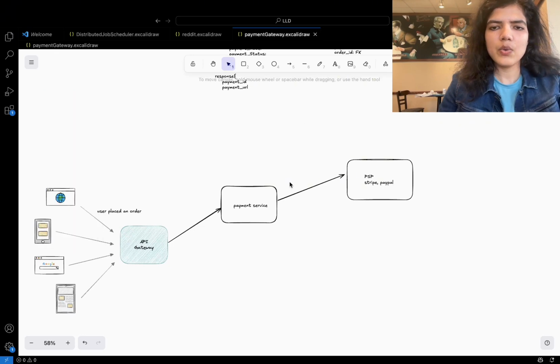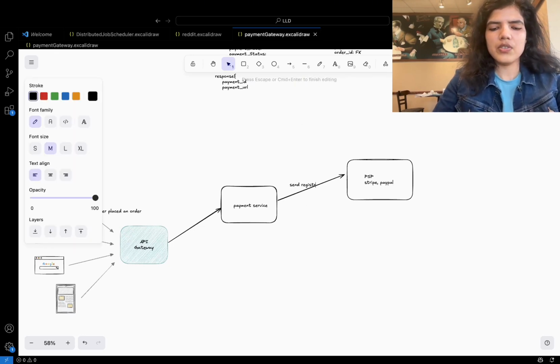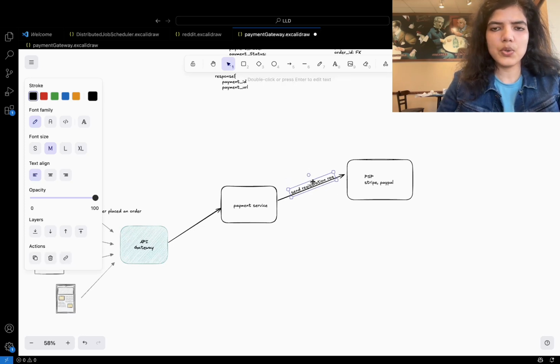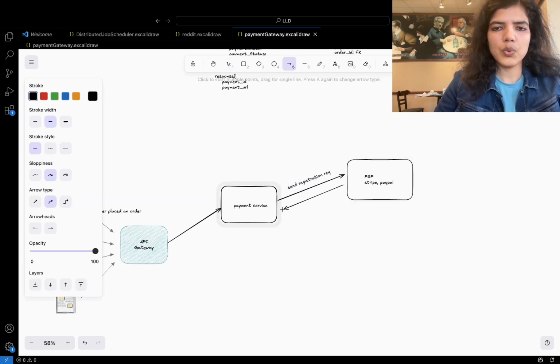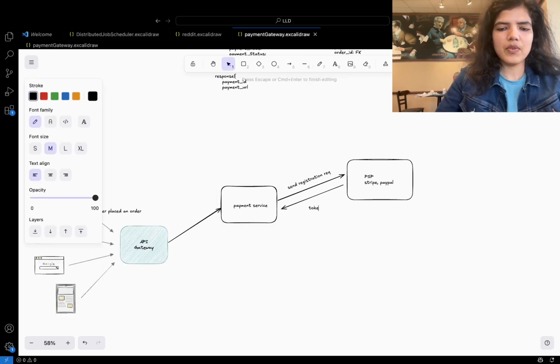Once it sends the registration request to the PSP, it should receive a token. Once the PSP checks the request, it will send back a token to the payment service.